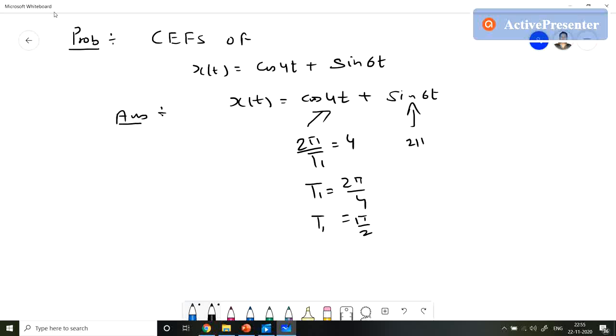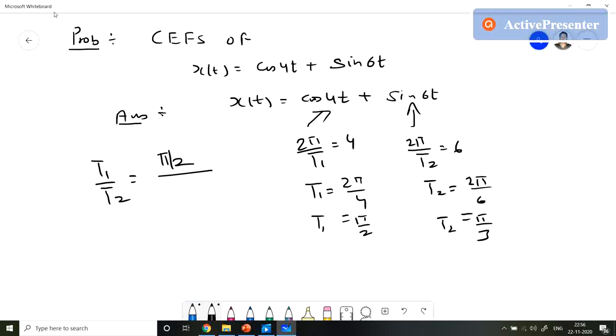And the time period for sine 6t is 2 pi divided by 6, that is pi divided by 3. Now the fundamental time period we will find by using the relation T1 divided by T2, which is pi divided by 2 divided by pi divided by 3. So this is pi divided by 2 into 3 divided by pi, so it is 3 divided by 2.